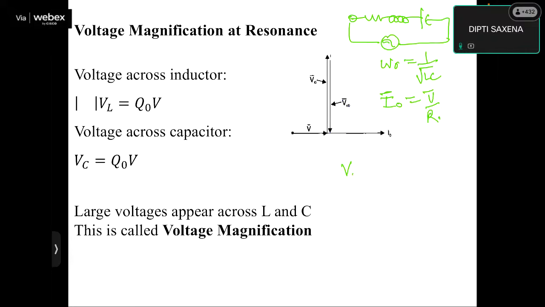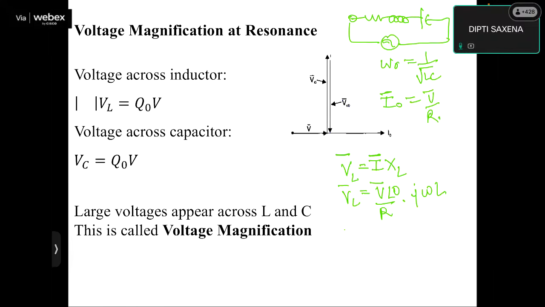Voltage across the inductor will be equal to the current through the inductor into XL. What is the current? It is V angle 0 upon R, into j omega L.